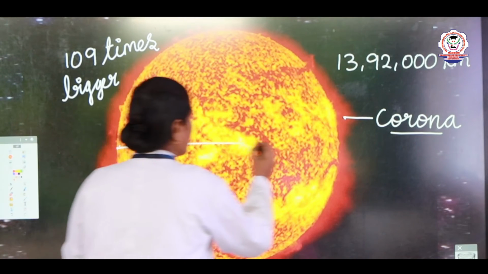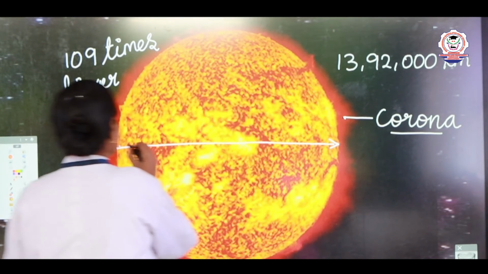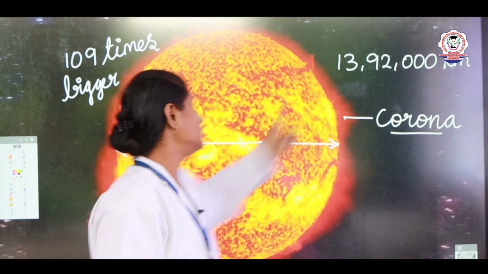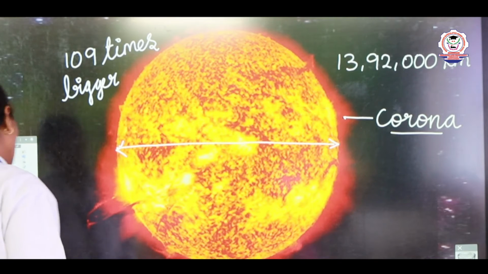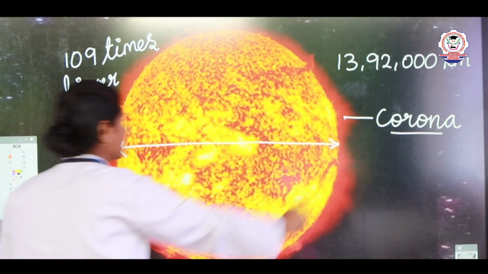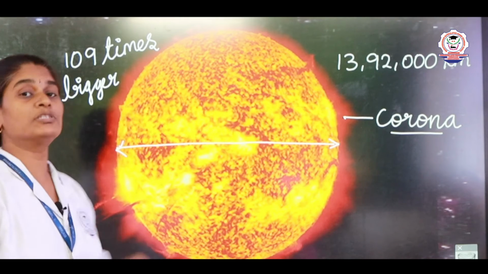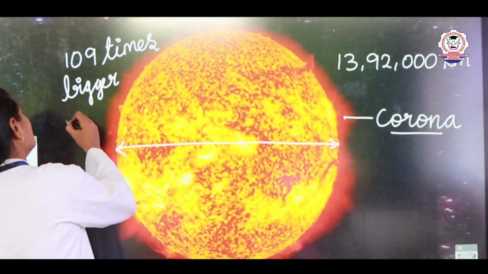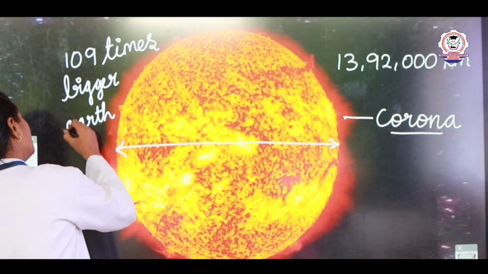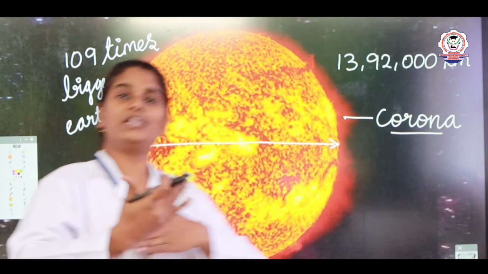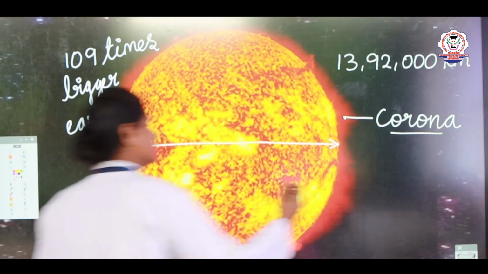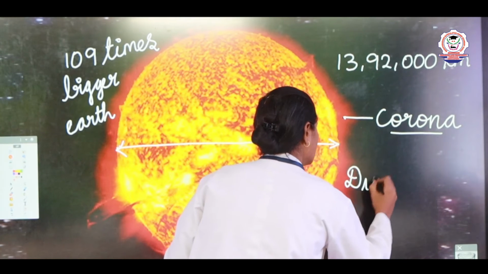The diameter means the distance from here to here. So, this is known as diameter. The diameter of the sun is about 13,92,000 kilometers, and the size of the sun is about 100 times bigger than the earth.